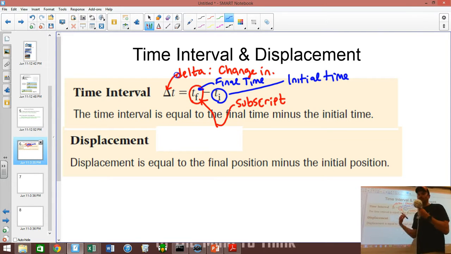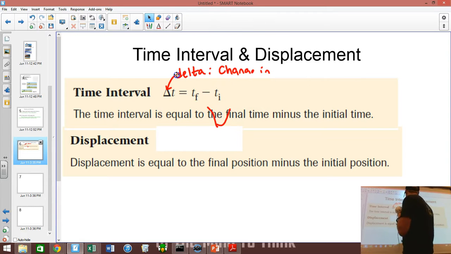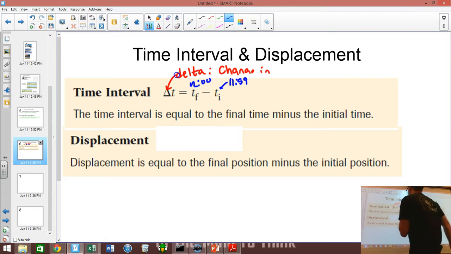For instance, you go to run a race. Let's say you're in the 400-meter dash, and you finish it at 12 o'clock noon. You started it at 11:59. How much time did it take? What was the change in time? 1 minute. It took you 1 minute to do this.